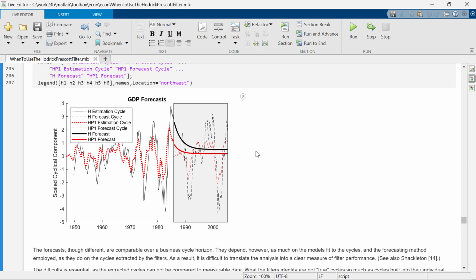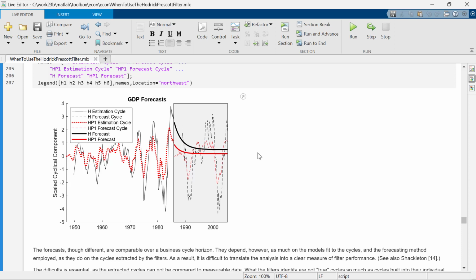So does one do better than the other? That's really hard to say, without knowing what you want to do with these forecasts. They're very similar in this case, but it's hard to evaluate whether one filter, the cycles that we're using to do this forecasting, is better than the other, because these forecasts depend first of all on the model we chose to fit, this particular two-state Markov switching model, and also on the method that we used for forecasting.